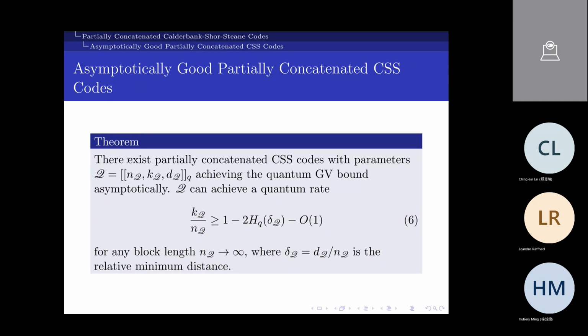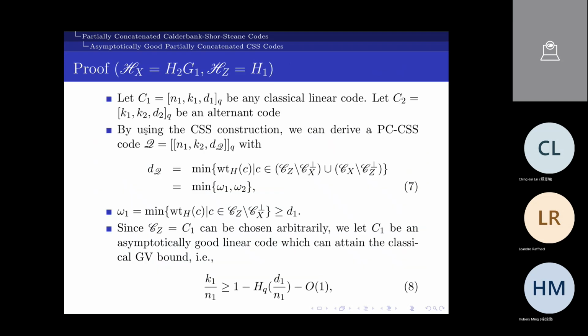That is, there exist partially concatenated CSS codes with parameters like this, which can achieve the quantum GV bound asymptotically. Here we give an introduction about the proof.